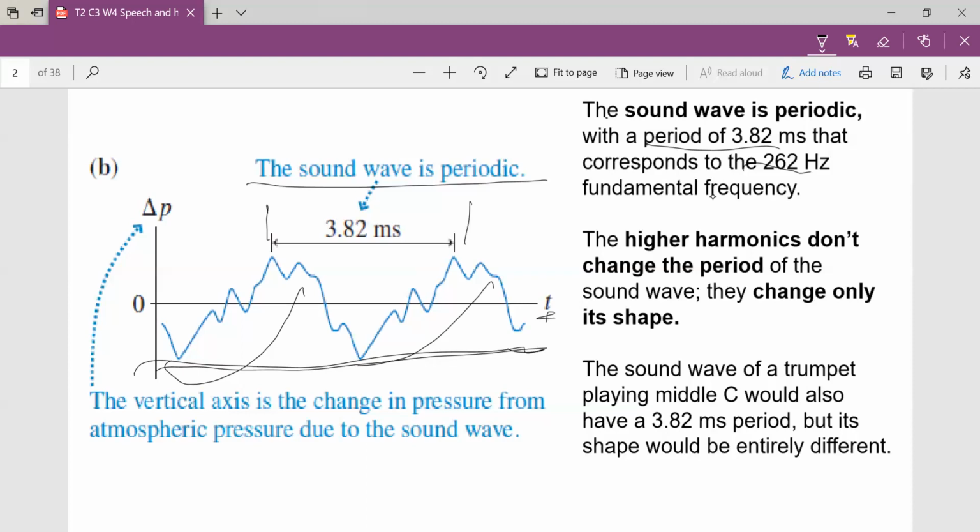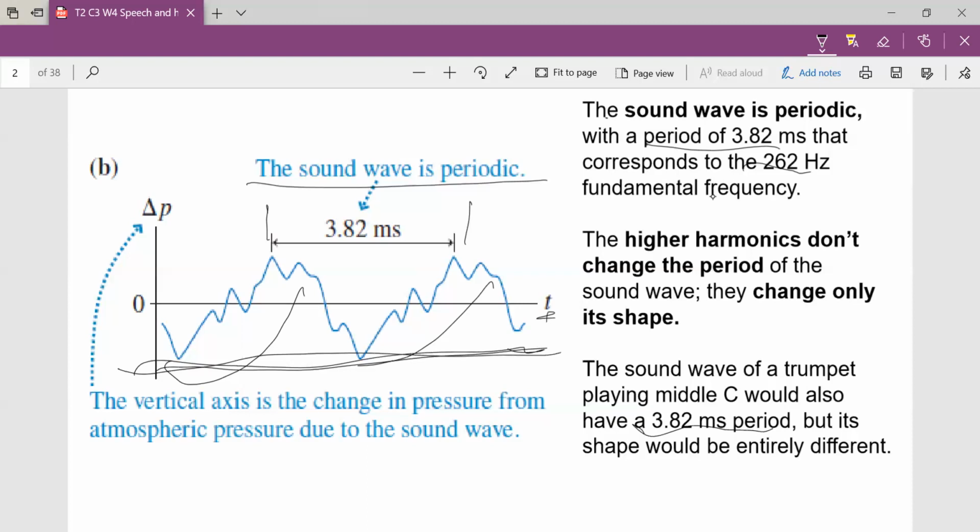So let's say you make a sound on a trumpet at the middle C, the same way you did on your guitar. They have the same period, but what makes the sound different is that the shape of this wave graph becomes different from that which is produced from the guitar.